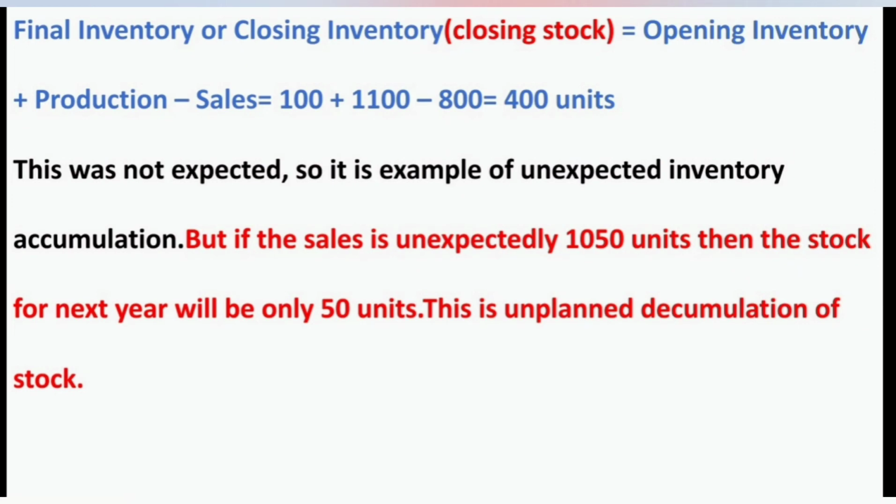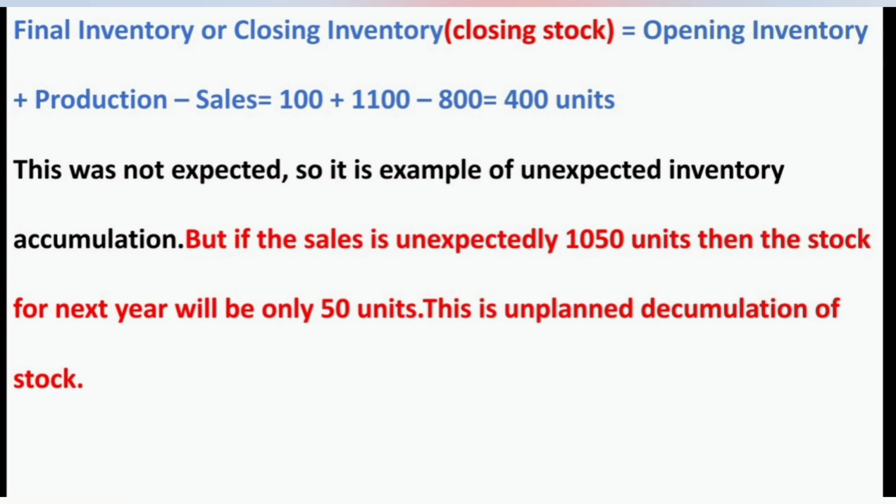But the opposite situation is, if the sales goes up more than expected, instead of 1000 units, 1050 units is sold, then the stock for next year will be only 50 units. The expected sale is 1000 units only, and sales goes beyond that, 1050 units. This is unplanned decumulation, decrease of stock.